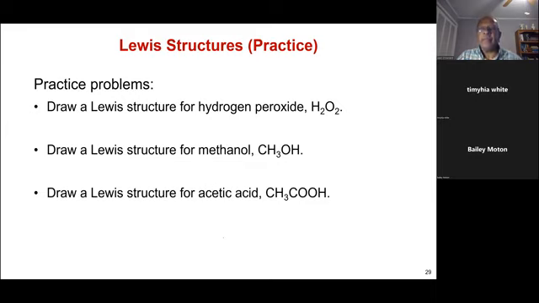Hydrogen peroxide is this molecule with 2 hydrogens and 2 oxygens. Methanol is an alcohol. Alcohols have OH groups. This is a carboxylic acid, acetic acid. So connectivity has to be determined. We're going to look into how to draw Lewis structures for them.